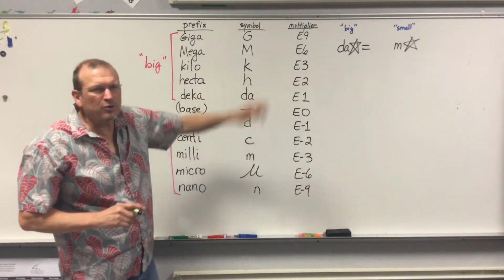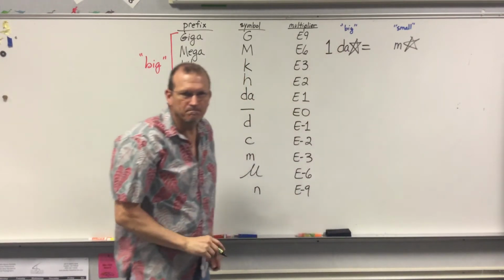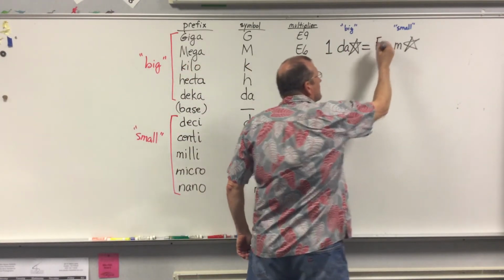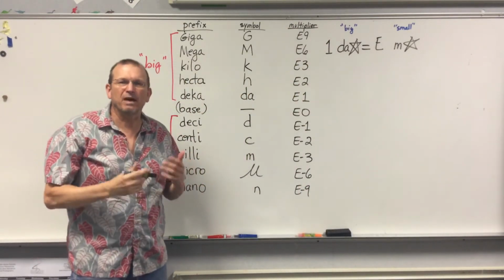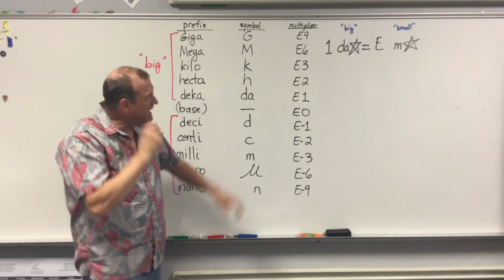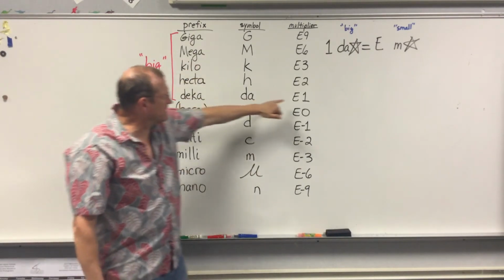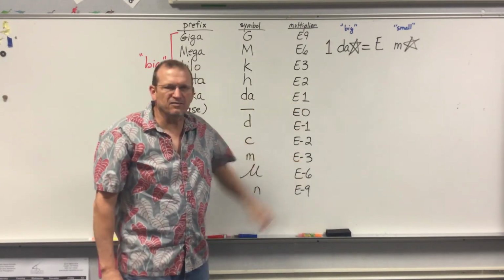I find the bigger unit, and I put a 1 in front of it. On the other unit, I put the capital E, and that represents my base 10. Then I come to this chart and go, well, Deca is E1 and Milli is E negative 3.